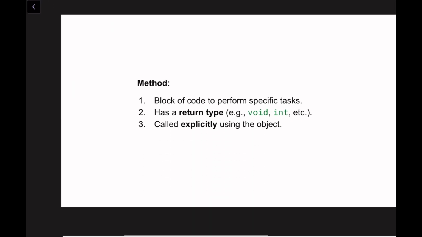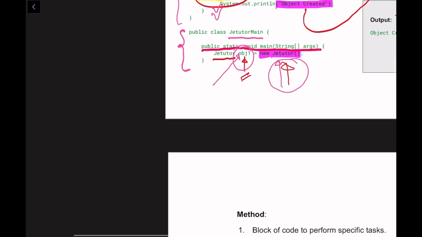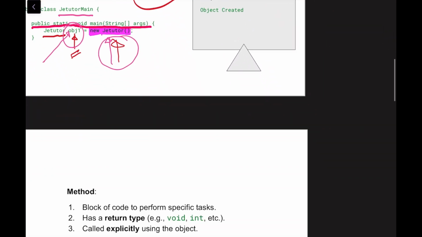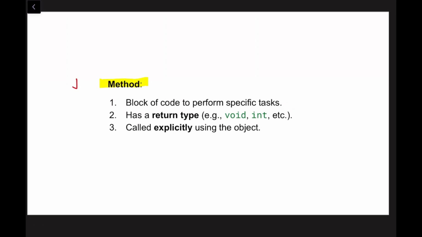Let's check the method, because in the question we have discussed the Java constructor. Now we are going to discuss the Java method. A Java method has three important points to be remembered whenever you are solving this type of MCQ or any interview.